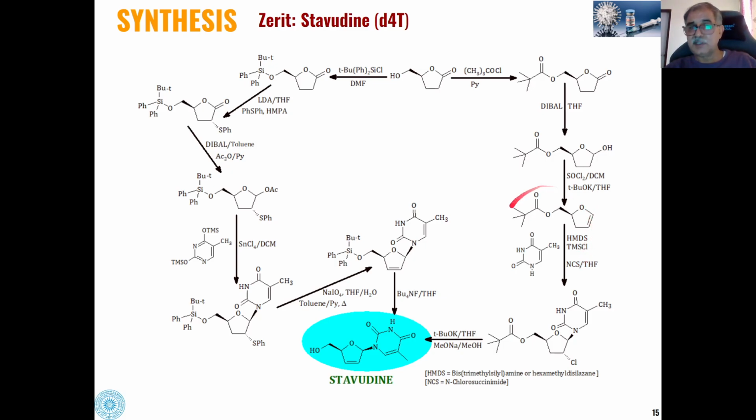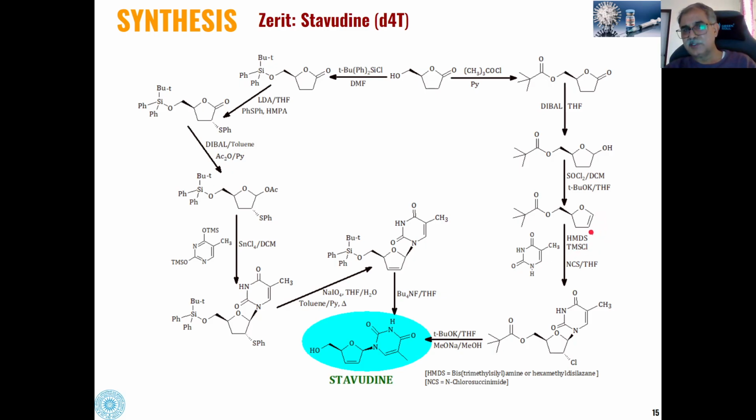Then this reacts with this base in the presence of hexamethyldisilazane, trimethylsilyl chloride and NCS in THF. Then basically this nitrogen will act as a base, and this will attack at this carbon.